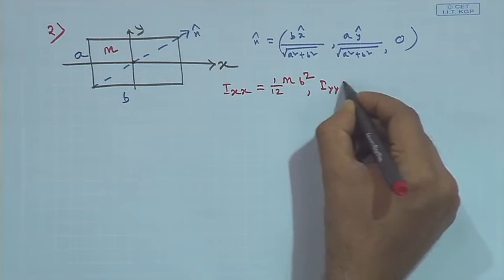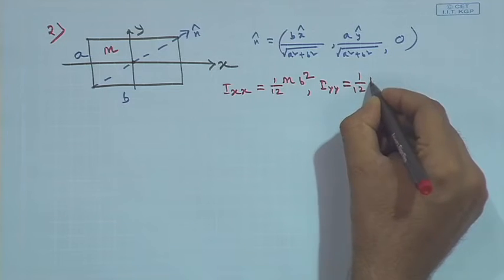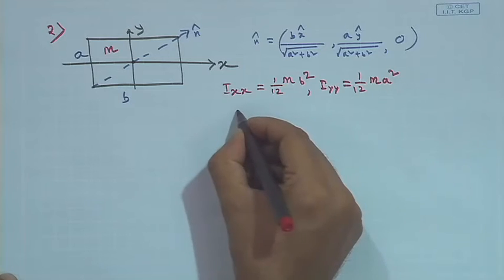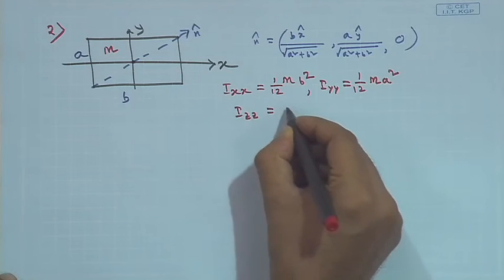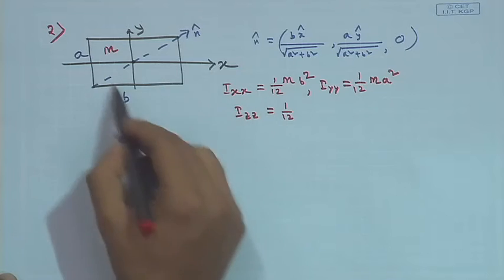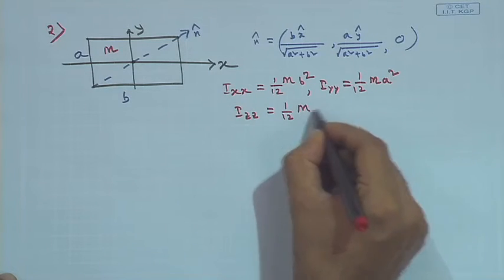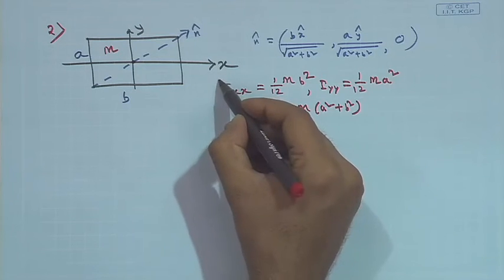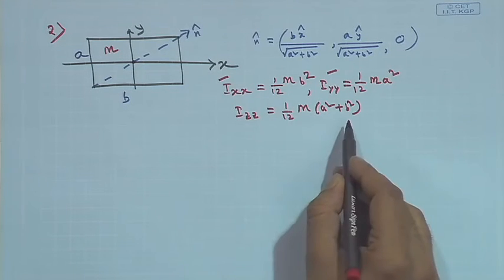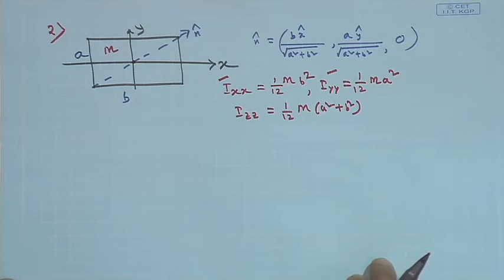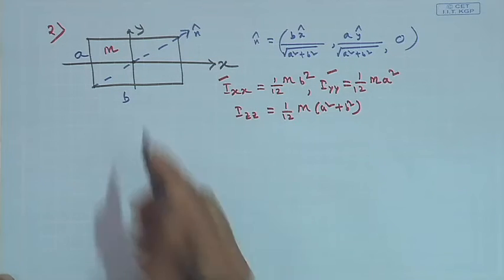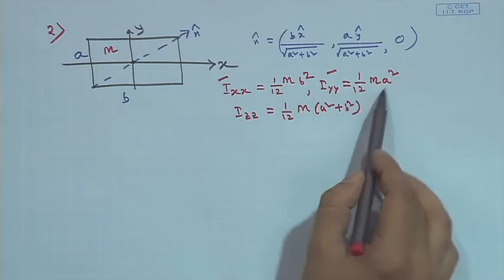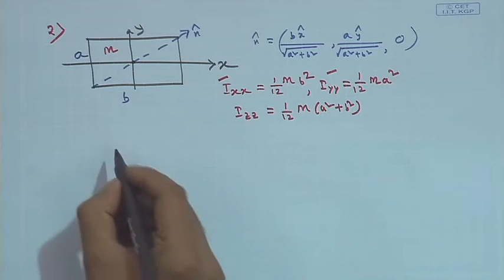Iyy will be 1 by 12 m a square, and Izz will be 1 by 12 m a square plus b square, from the perpendicular axis theorem. So, if I give you Ixx and Iyy, the third one is obvious from the perpendicular axis theorem, right. I am giving it to you to begin with. You can always calculate this, it is very easy. You can find how to calculate Ixx and Iyy in any of the textbooks.